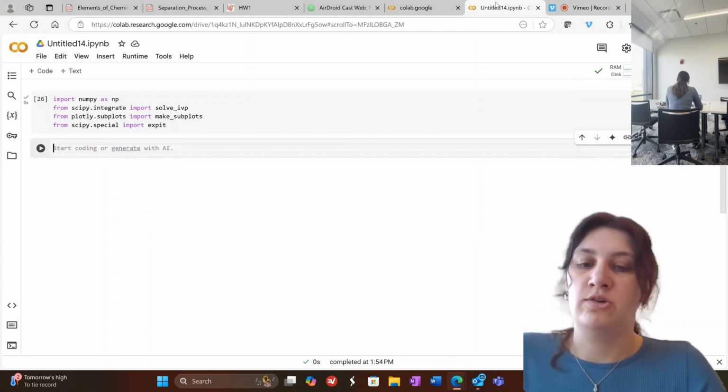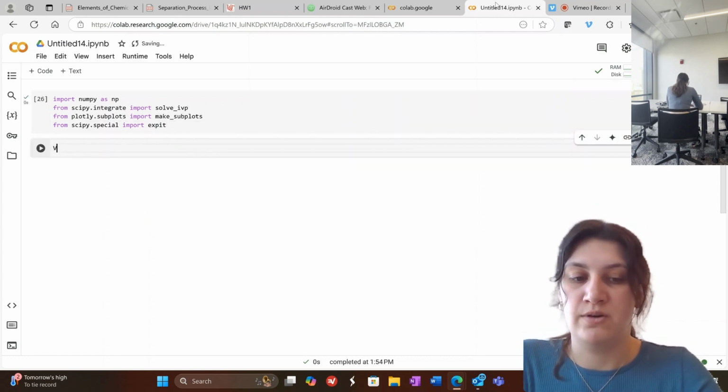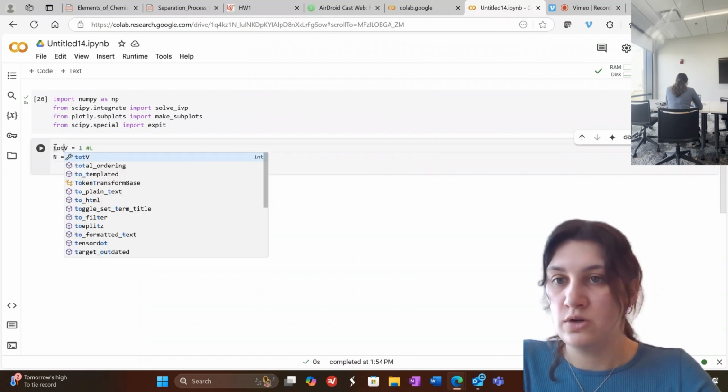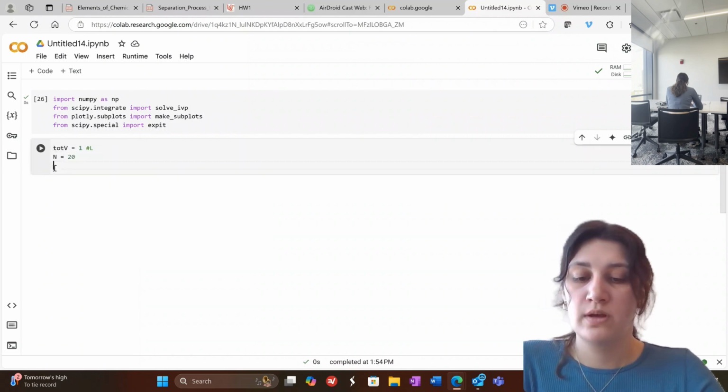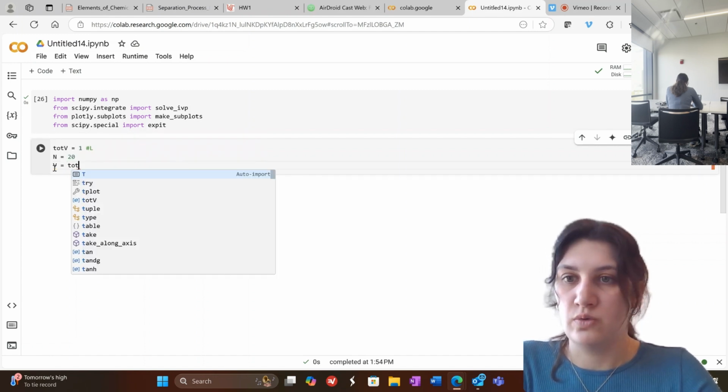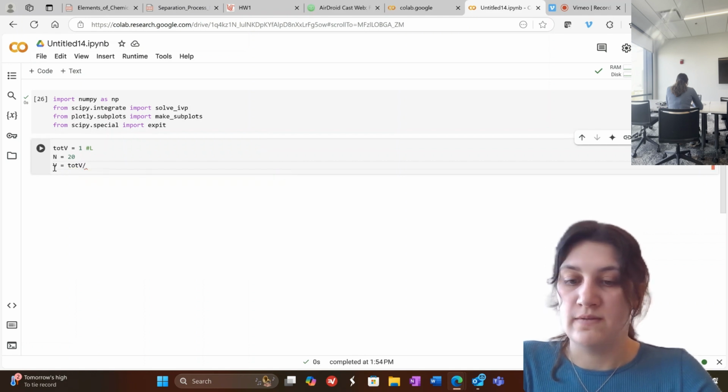Now we need to enter our parameters. So we have our volume is equal to 1 liter, n is equal to the number of tanks, it's 20. This volume here is actually our total volume, and if we want the volume of each individual tank, we need to take the total volume and divide by the number of tanks.